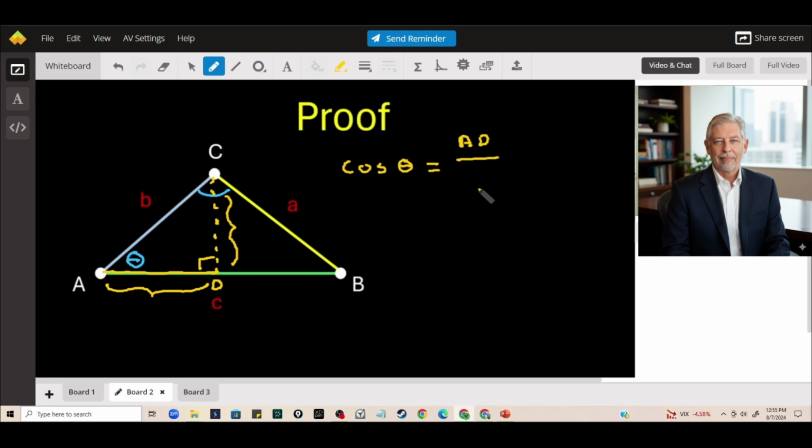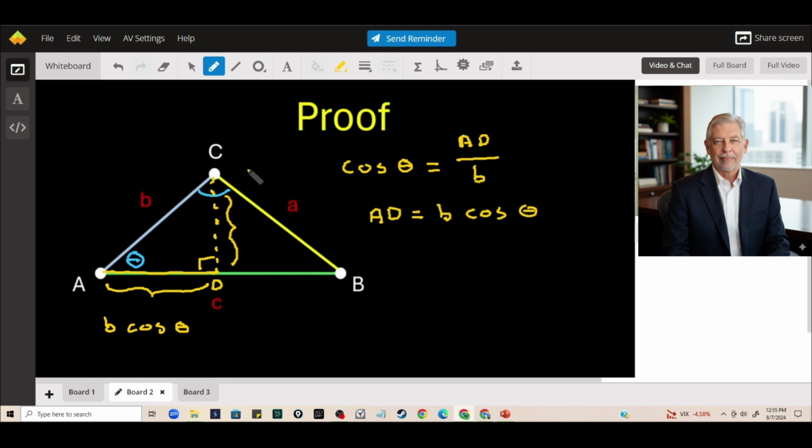That's the adjacent side over the hypotenuse, which is B, or the length of AD is just equal to B cosine theta. So I'm going to put B cosine theta right there. Now pause the video and see if you know how to come up with the formula for the height.